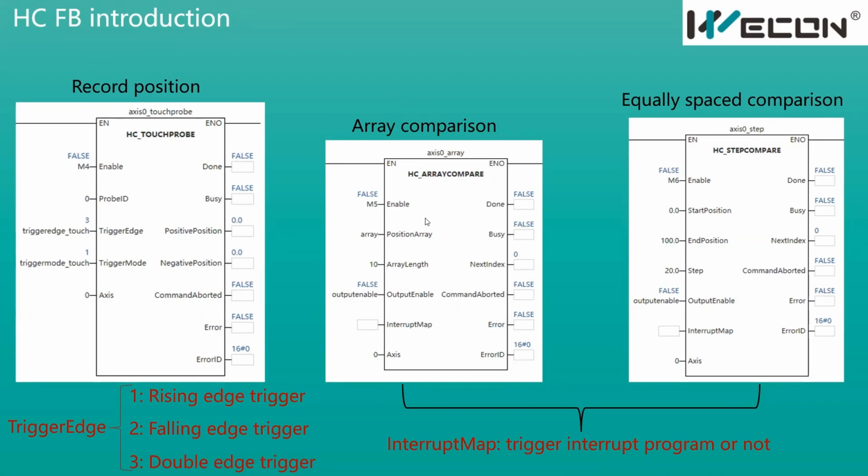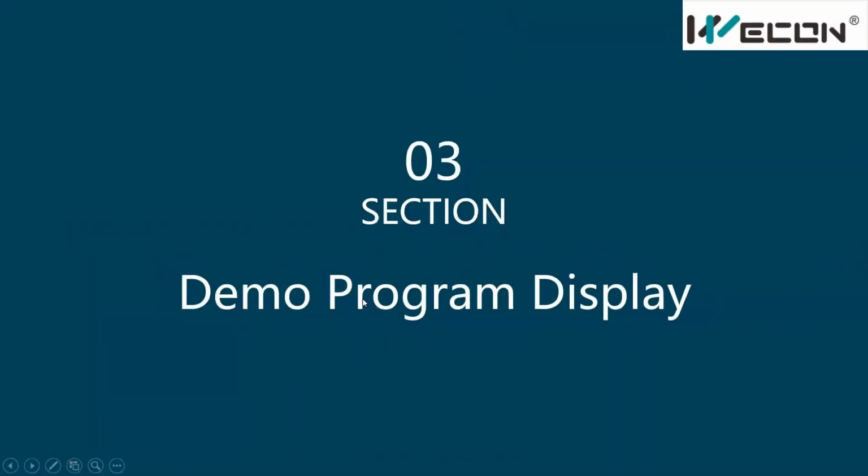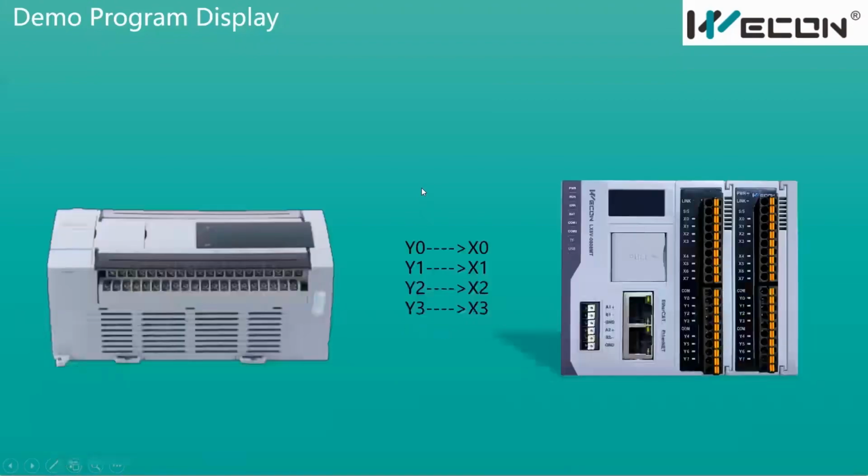Okay, so now I will continue. I will use a program to show how this works. It will be more clear, I think. So our last part, demo program display. For this demo, I connect our 5V to 6V. 5V Y0 connects to 6V X0, Y1 to X1, Y2 to X2, and Y3 connects to X3.